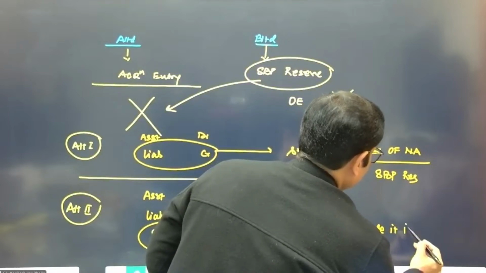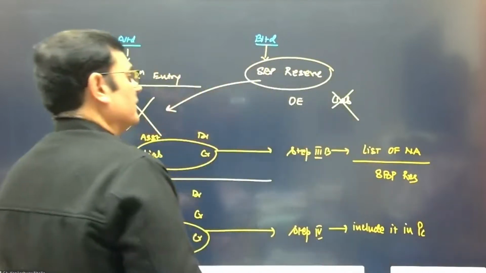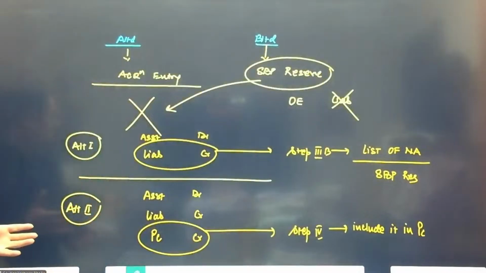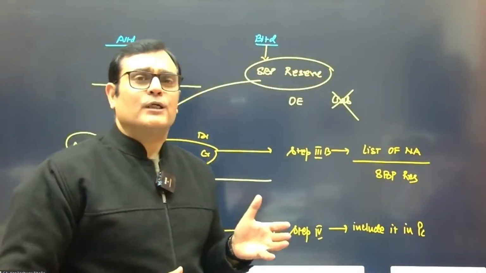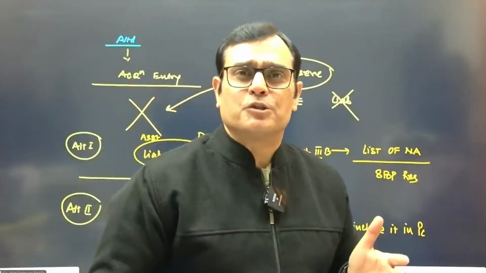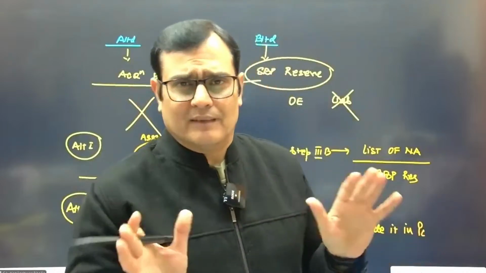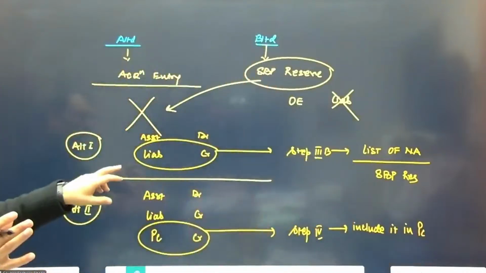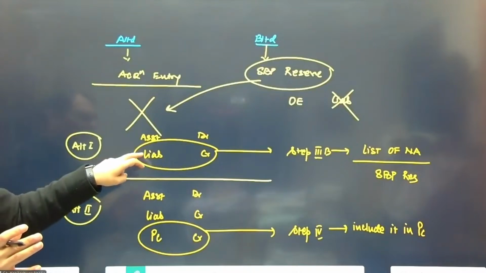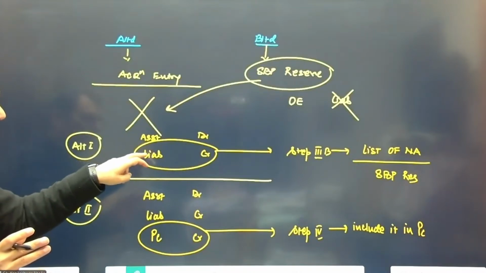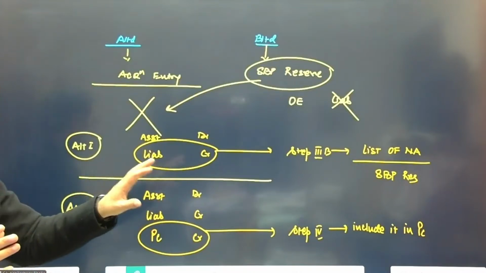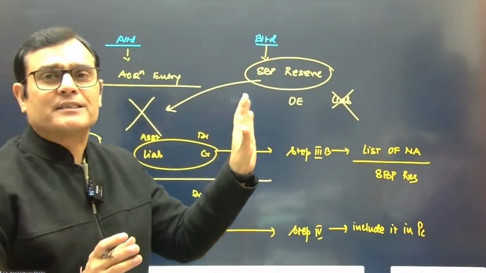You can include it in the purchase consideration at this stage. Now you'll say, that's funny. Why are you including it in the purchase consideration? The idea is to include it on the credit side. Let's get it mathematically clear. You put it as a part of the liability, or you put it as a part of the PC, it gets included on the credit side.